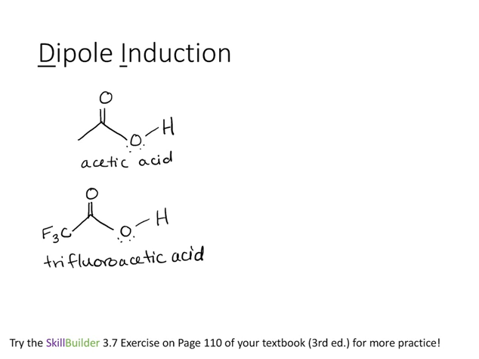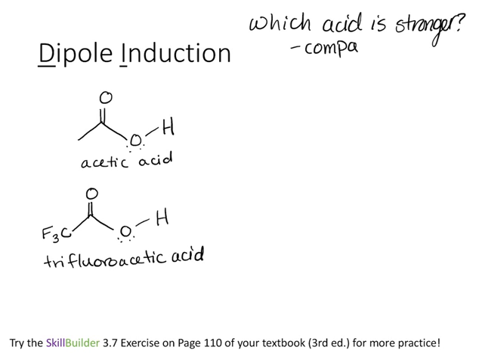Okay, so let's try to figure out which one is stronger. And again, we're comparing the conjugate bases and their stability. All right, so let's draw out the different reactions.